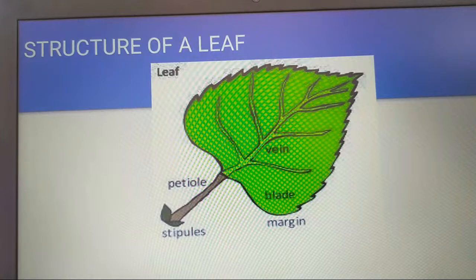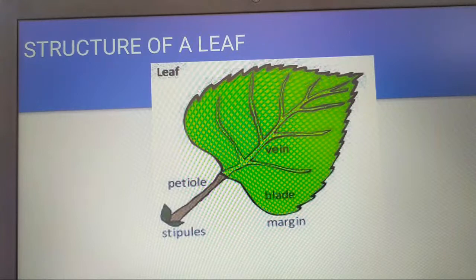A thick line runs in the center of a leaf towards its tip. This is the central vein, also known as the midrib. Many lateral branches arise from the midrib. These lateral branches are called veins, which further branch out to form veinlets.